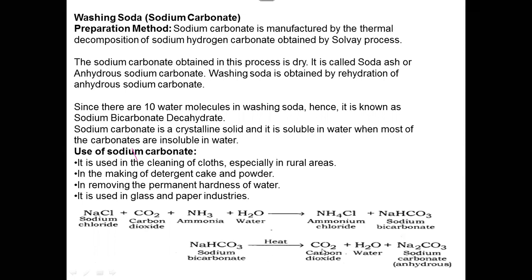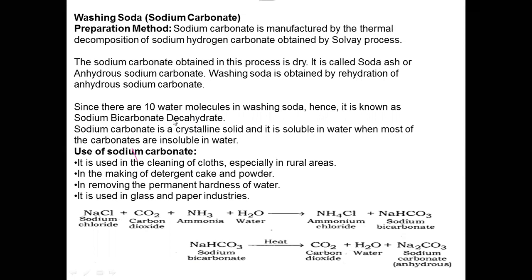Sodium bicarbonate on heating gives carbon dioxide, H2O and sodium carbonate. It is anhydrous, does not contain water. Washing soda contains 10 water molecules, hence it is called sodium carbonate decahydrate. Decahydrate means 10 water molecules.